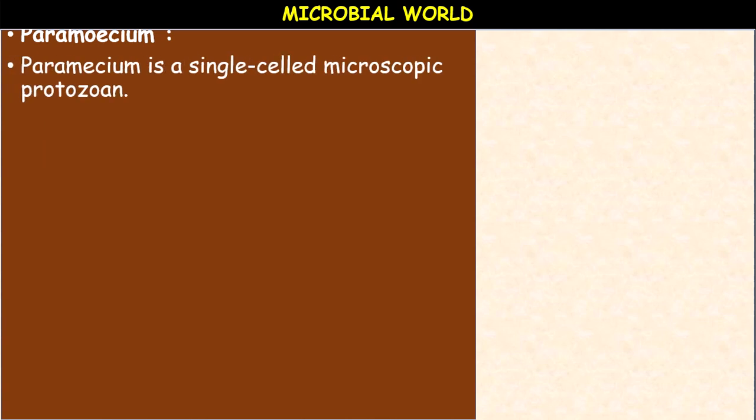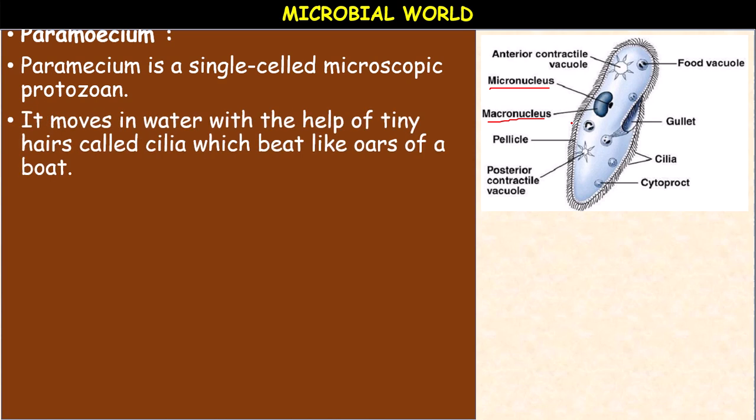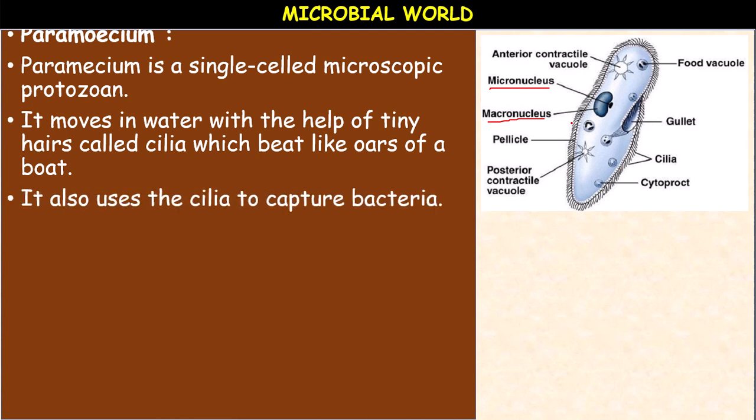The Paramecium is a single celled microscopic organism, it is a protozoan. As we discussed, it possesses two nuclei, a macronucleus, large, and a micronucleus, small. It moves in water with the help of tiny hairs called cilia, which beat like oars of a boat. It also uses the cilia to capture bacteria.